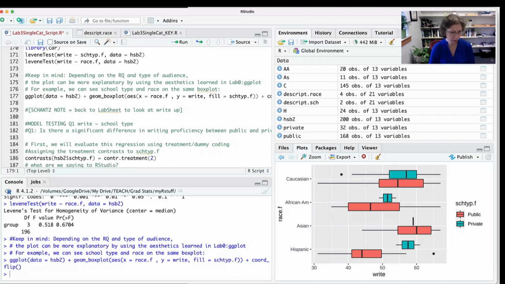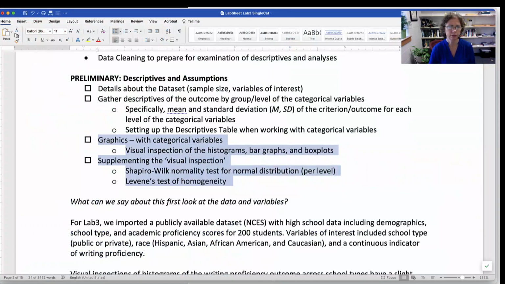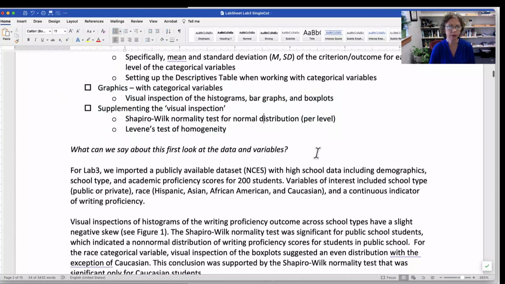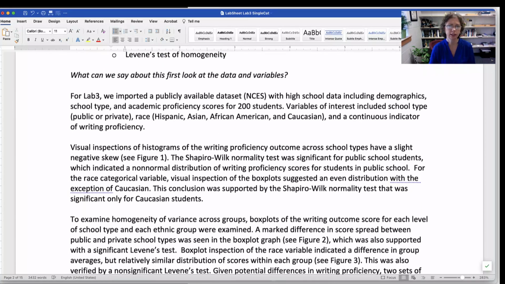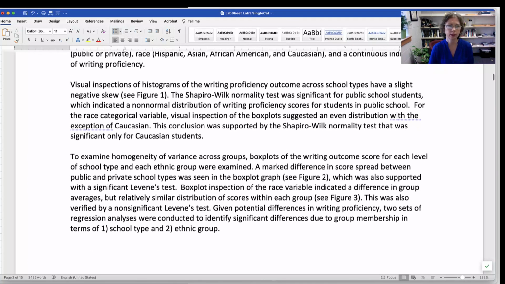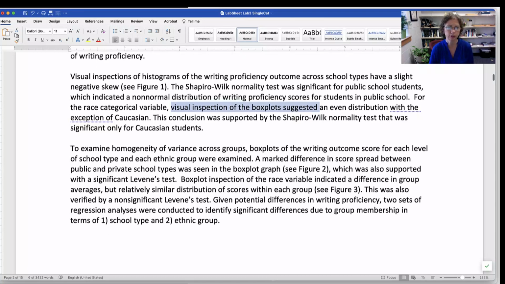So let's take a look at the lab sheet itself. We've done all of this preliminary pulling of information. What can we say about this first look at the data and the variables? Well, we can tell the reader where it came from and what the variables of interest are. We can tell the reader about the visual inspection of the histograms and the box plots, and let the reader know what tests either supported, violated, or confirmed our visual inspection.